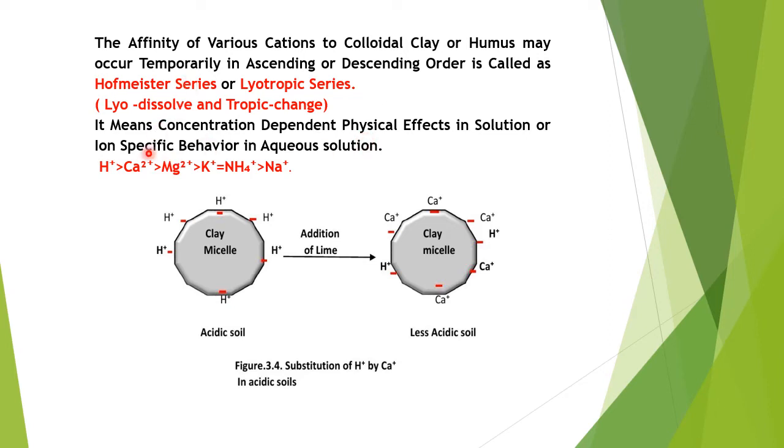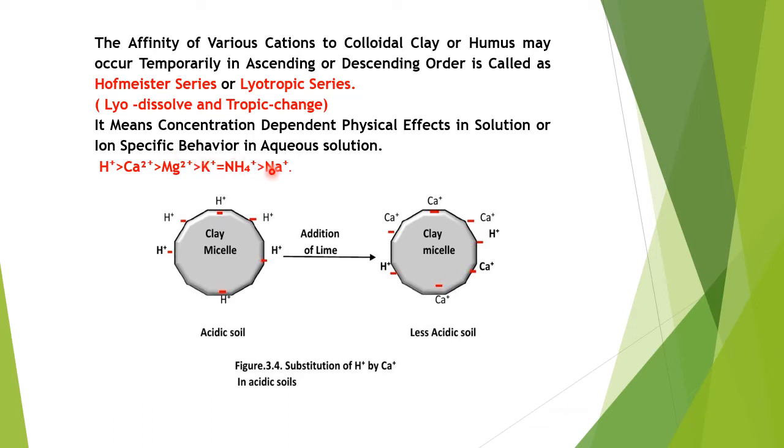The Hofmeister series helps us understand that if the hydrogen ion concentration is greater than the calcium ion concentration, the hydrogen will prevail there, and the soil will be acidic. If calcium is greater than magnesium, it will be less acidic soil. Magnesium can be greater than potassium.